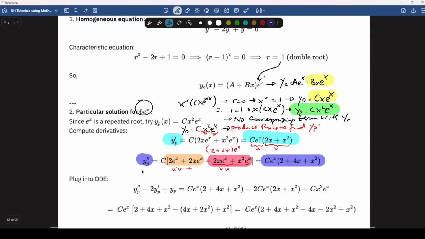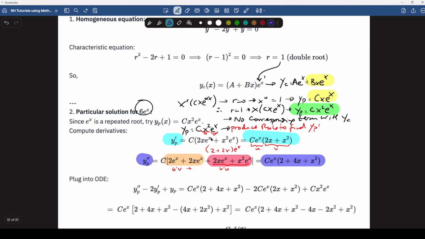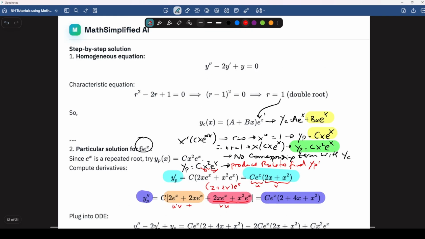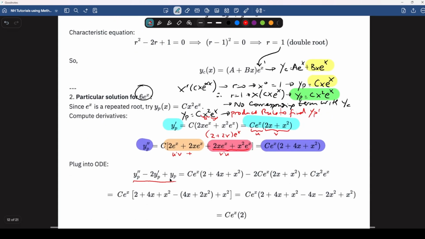So next thing is simply just like following the flowchart, substitution into the original differential equation. So the original equation is written here: y double prime minus 2y single prime plus y equals 0. But this time we substitute first, which is that one.